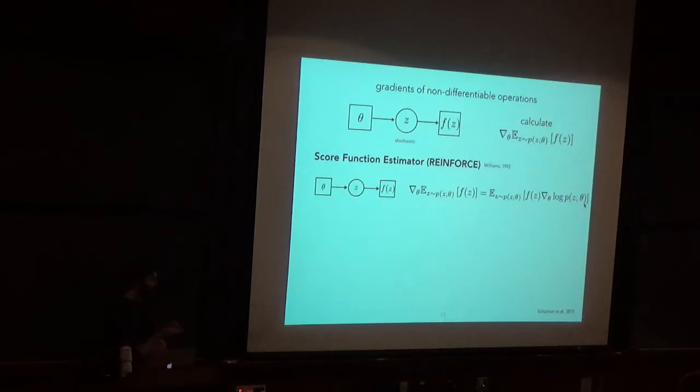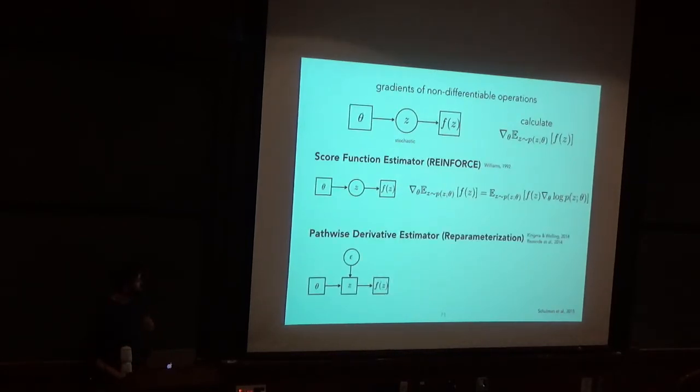And this is an unbiased estimate of what the gradient is. There's typically some amount of variance associated with this estimator. This is what's often used, for instance, in reinforcement learning with the policy gradient, if you've ever heard of that, which is a model-free method of training to optimize reward. In that case, f of z is like the return that you got from a sequence of actions, and this probability is of the action that you took.